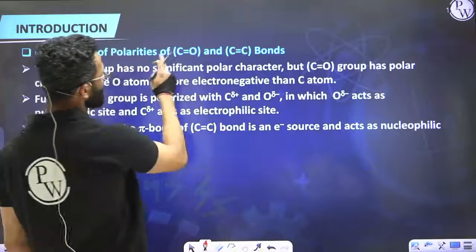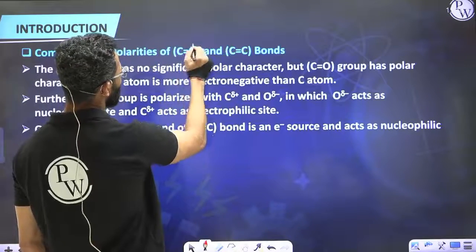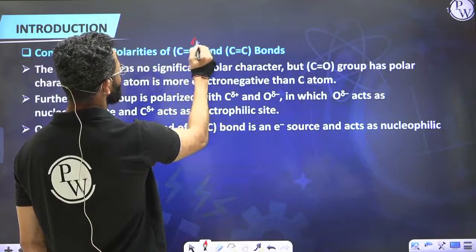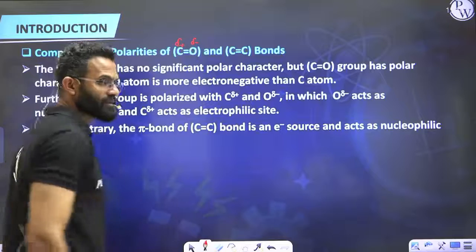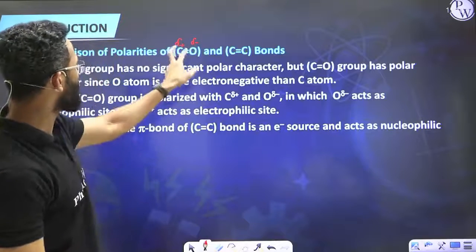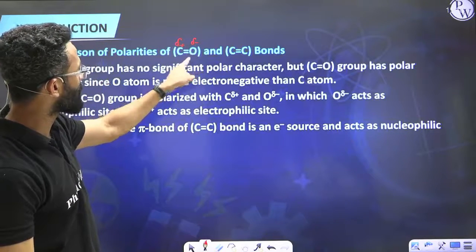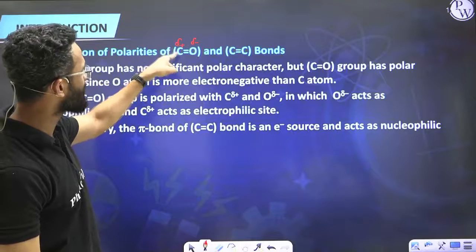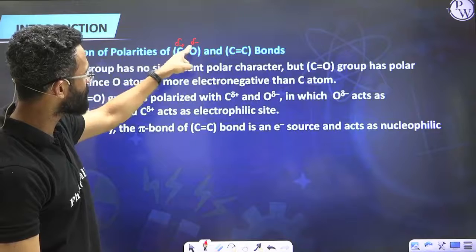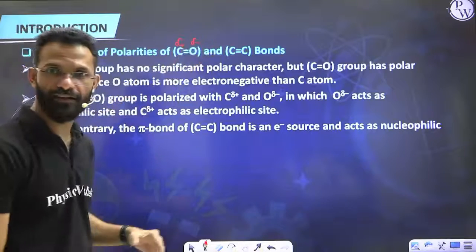On the other hand, in the carbonyl group, oxygen being more electronegative acquires delta minus and carbon acquires delta plus. This development of polarity across the carbonyl group makes the carbon electron deficient. Hence it acts like an electrophile, and oxygen being electron rich acts like a nucleophile.